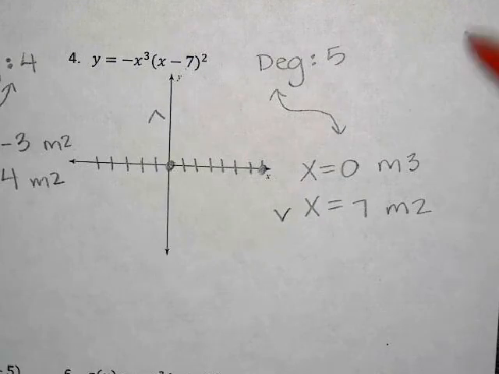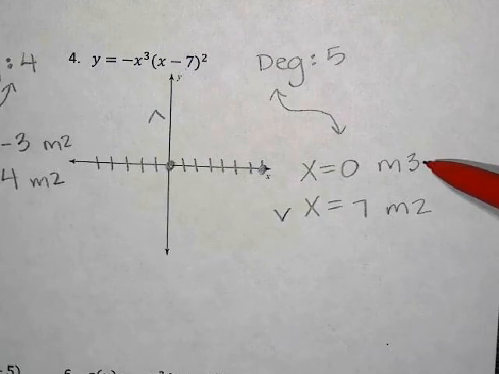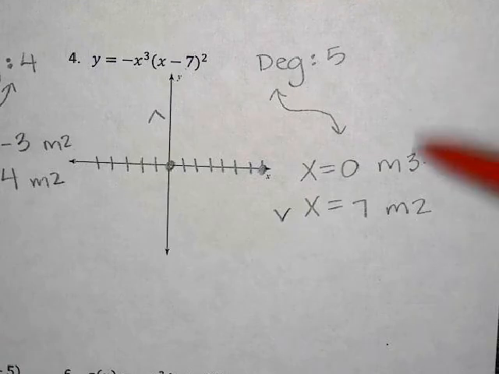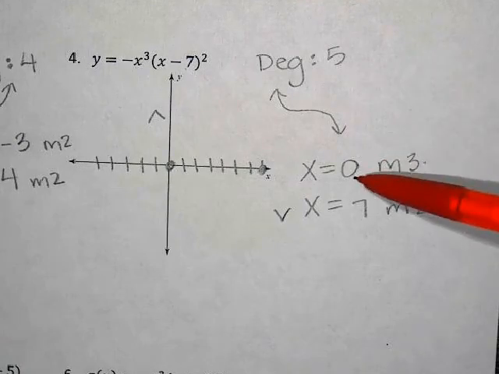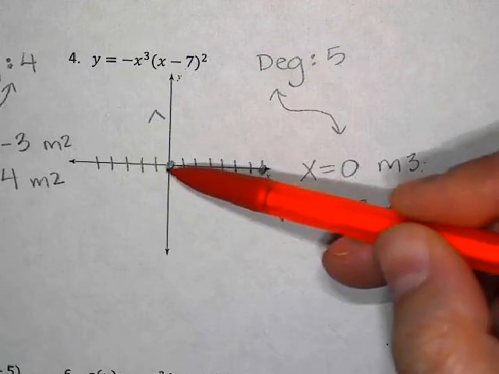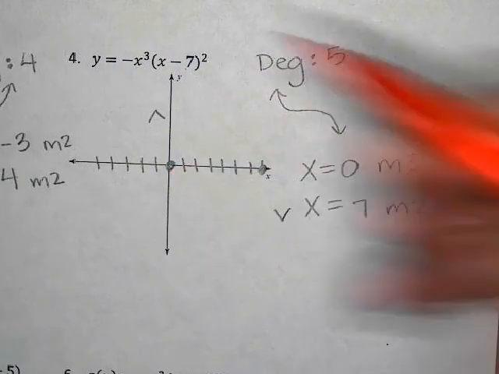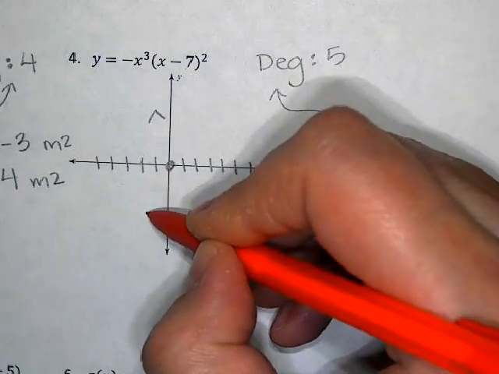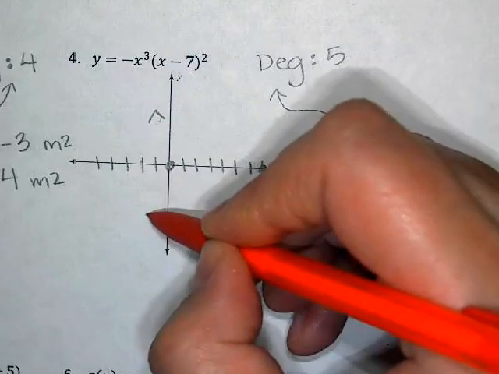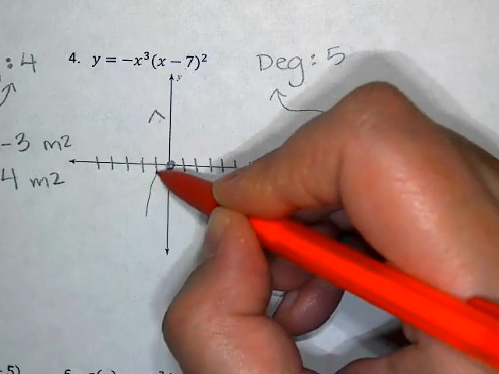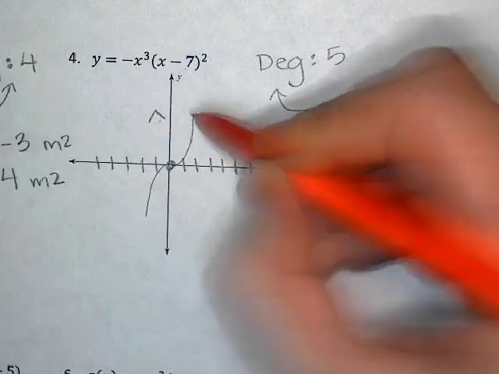So 0 has a multiplicity of 3. We have two options. We have to connect to this arrow. We can go up, level off, go up, or we can go down, level off, go down.